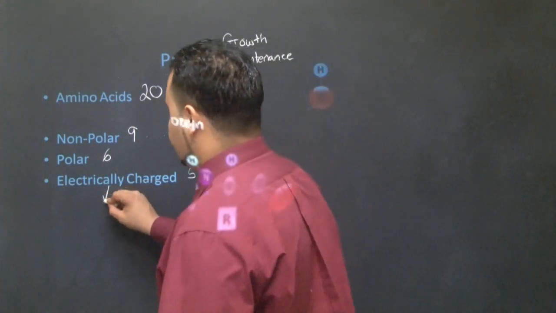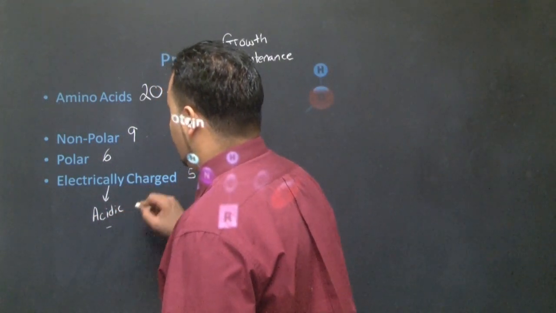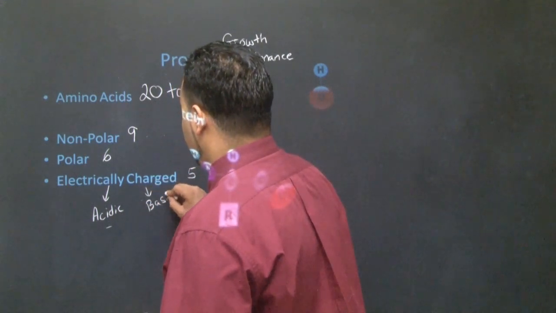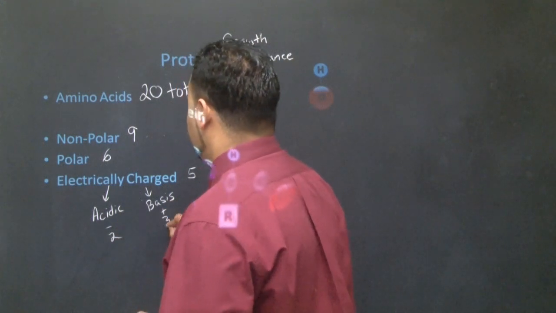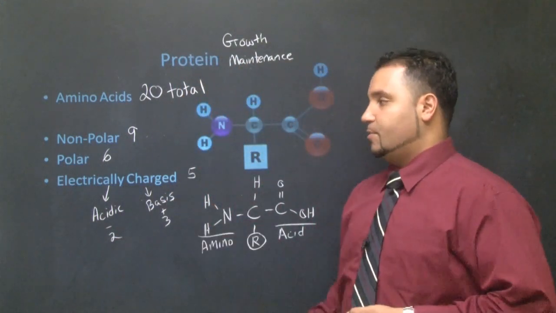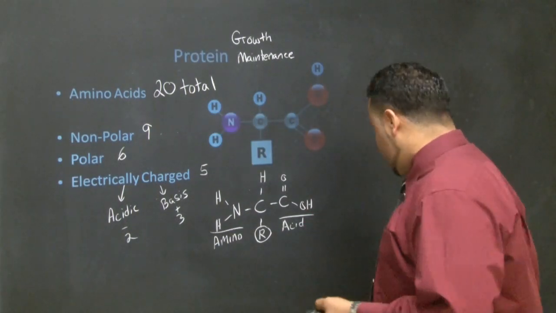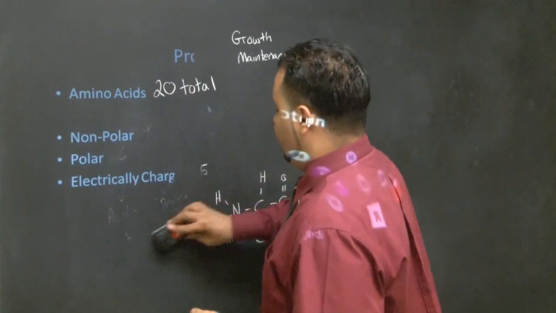Where you have the acidic kind, and if they're acidic, they would have a minus charge, or they're basic, and that would have a plus charge. And so there are 2 acidic ones, and there's 3 basic ones, and so that's how that's broken up. All right, this looks great. Also, you might want to learn in AP Bio which ones are aromatic, right? Which ones have benzene rings, and so forth.